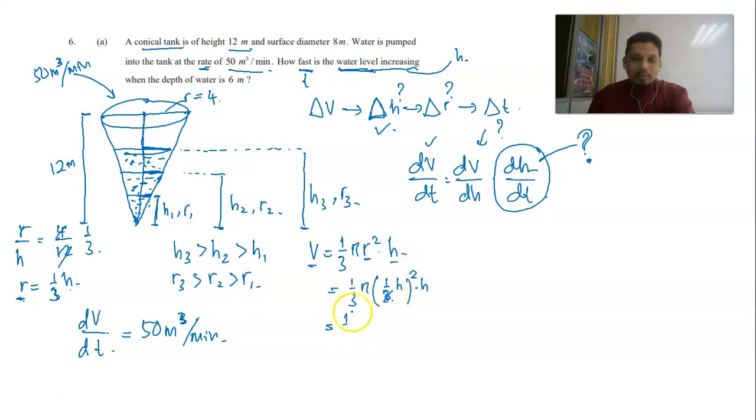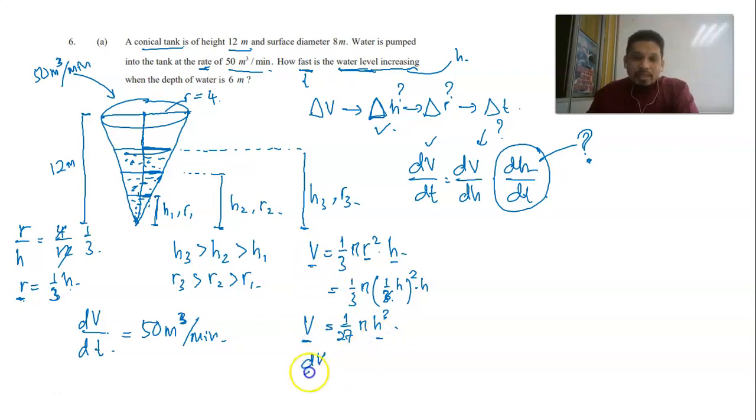9 times 1/3 here is 1/27 pi h squared multiplied with h, which comes up as h cubed. Okay, class, I'm asking you again, do you find any variable r left here? No, right? This is only between V and h.